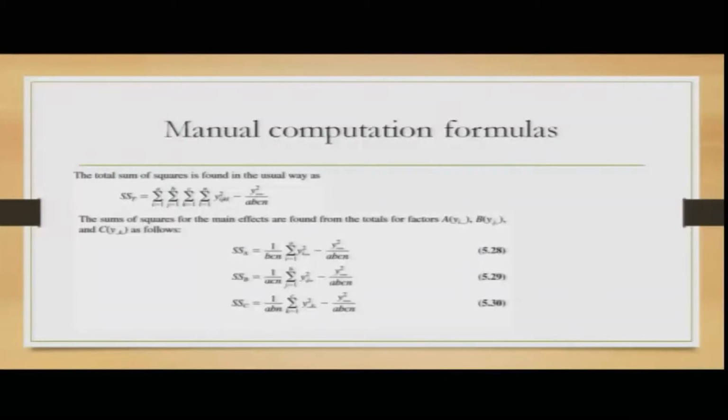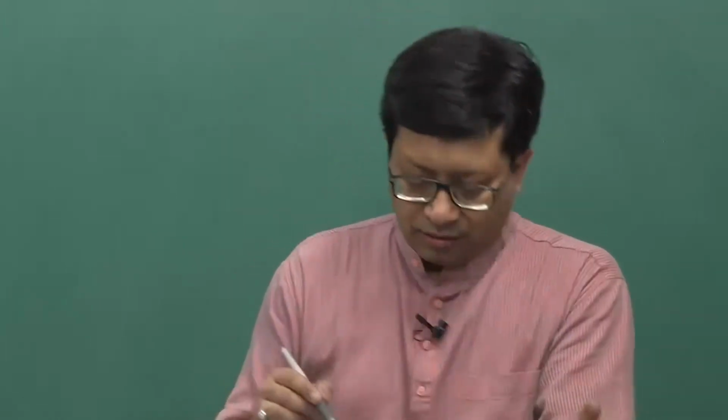The sum of the squares is found out like this. So, here I will try to highlight and use the highlighter. So, you are summing up for all the four suffixes i, j, k, l.